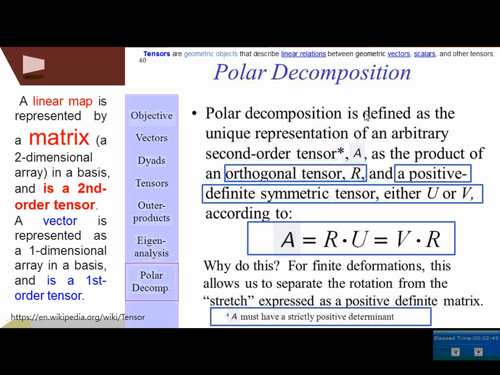Okay. Polar decomposition is defined as a unique representation of an arbitrary second-order tensor, or arbitrary matrix A, as a product of an orthogonal matrix R and a positive definite symmetric matrix U or V. A can be written as the orthogonal matrix times the positive definite matrix U, or the positive definite matrix V times the orthogonal matrix R. And here the condition is that the matrix A must have a strictly positive determinant.